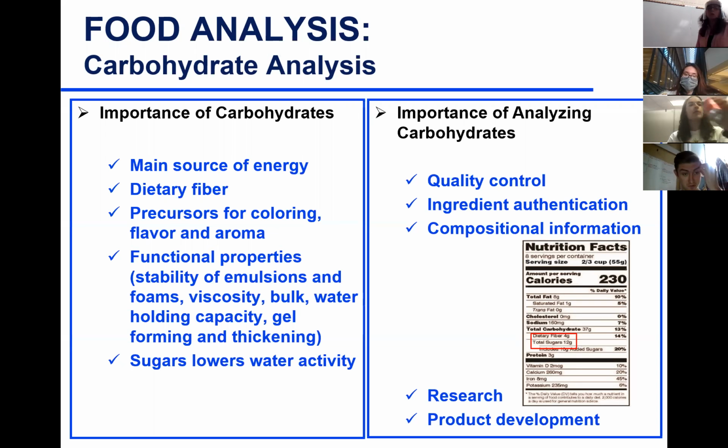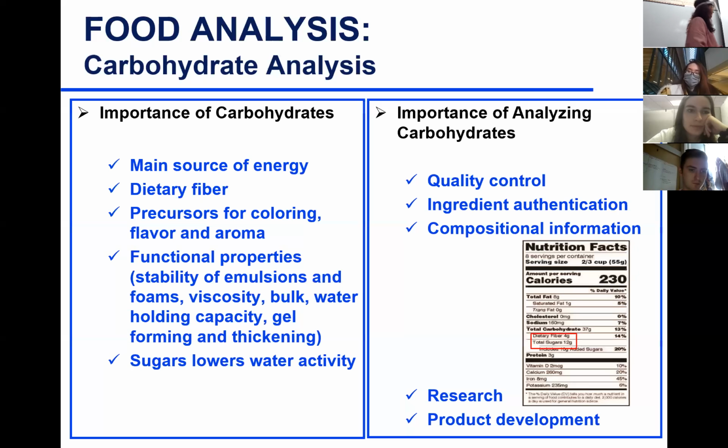So in research, if we want to determine the amylose to amylopectin ratio, for example, because it impacts functionality of the starch, we need to determine how much amylose versus amylopectin I have. Or when we're doing product development, what type of starch we want to use, starch that has more resistant starch in it, or starch that can be digestible.